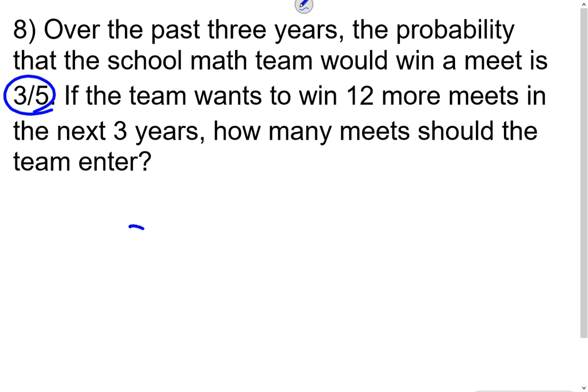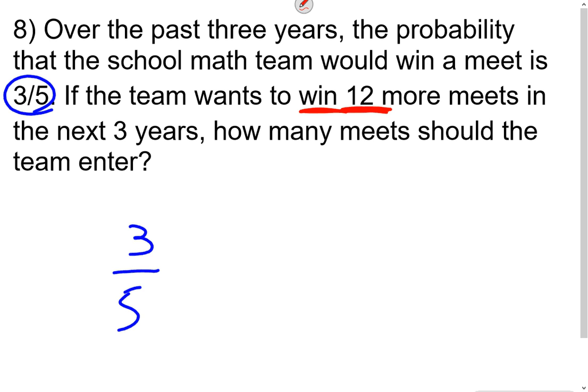So I look at this and I go, well, 3 over 5. So the 5 has to represent the total. The 3 would be that thing that we want to happen, in this case, win. And now I look at the other piece of information that we have in the problem. It says the team wants to win 12 meets. We want to win this many, win 12.